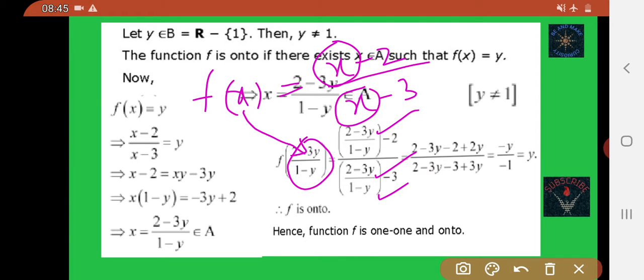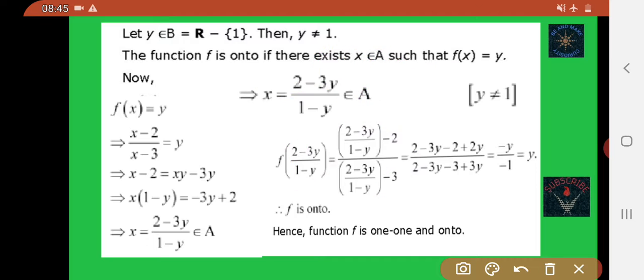Now you simplify it. If you simplify, take LCM, then in the numerator, 2 minus 3y minus 2 plus y.